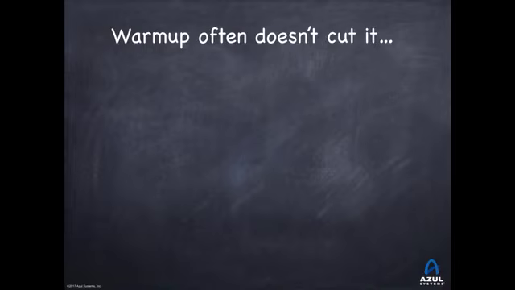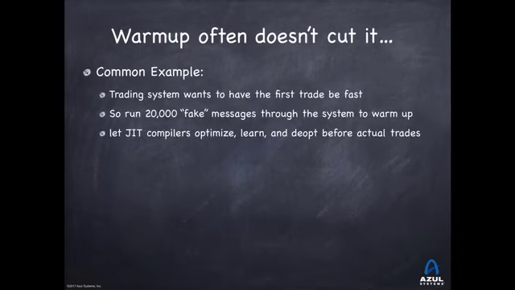So what will happen sometimes, let's take a trading system as an example, is that people want the trading system to run as fast as possible from when the market opens. What they'll do is try to warm up that application before the market opens.